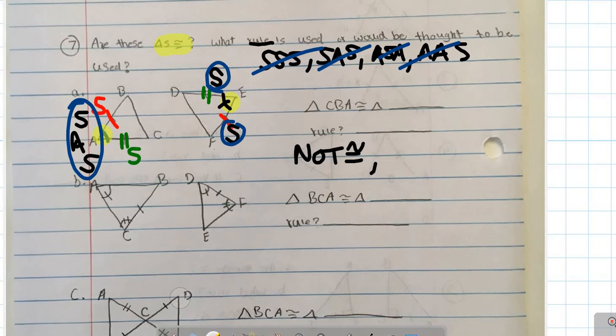Let's take a look here. Watch very carefully. One hatch mark, we have a pair of angles. Notice here, two hatch marks, we have another pair of angles. Now, there is a mismatch here. We have a side that's not squeezed between the angles, and then this side is squeezed between the angles.